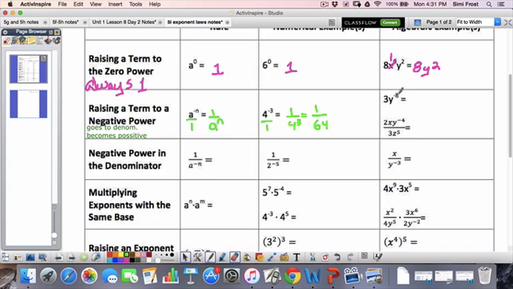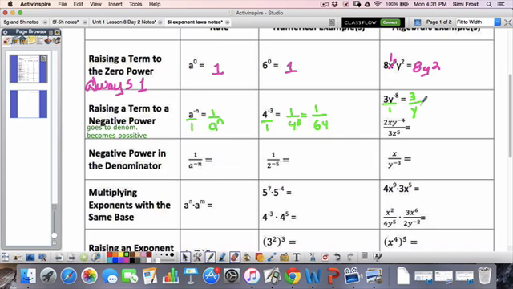Okay, so be careful. Make sure that you're only applying it to the letter or number that the exponent is on. So, for instance, this 3 isn't going anywhere. It's staying on top here. So if this was over 1, my 3 is going to stay on top because there's no exponent on it. My y is going to go on the denominator, and y times 1 is just y, so you can get rid of that 1.